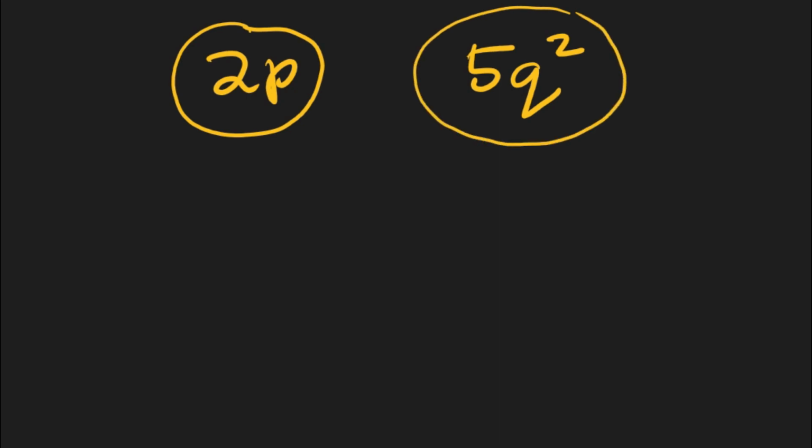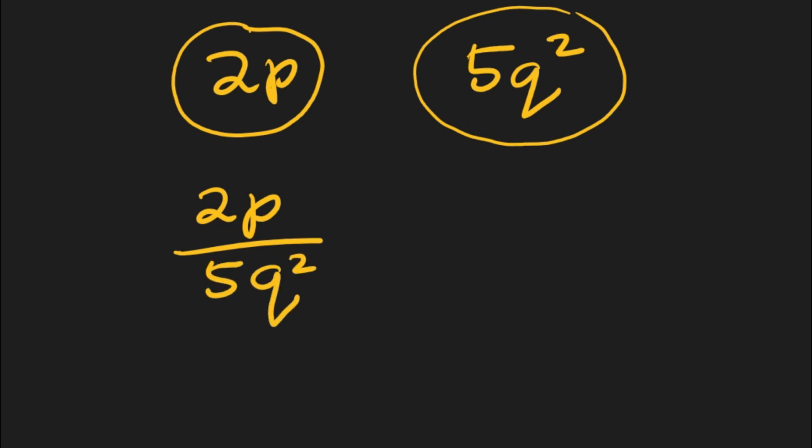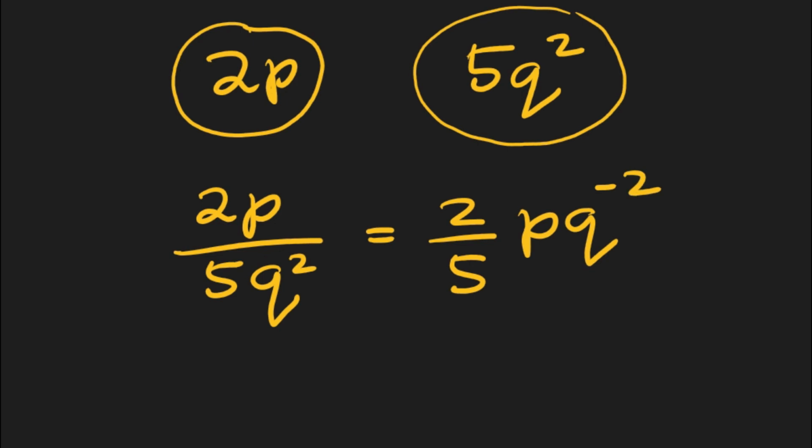We want to divide them to produce a new algebraic term. Let's divide 2p by 5q square. This will be equal to 2 over 5, p, and then we have q to the power negative 2. This is another algebraic term having two variables, p and q.